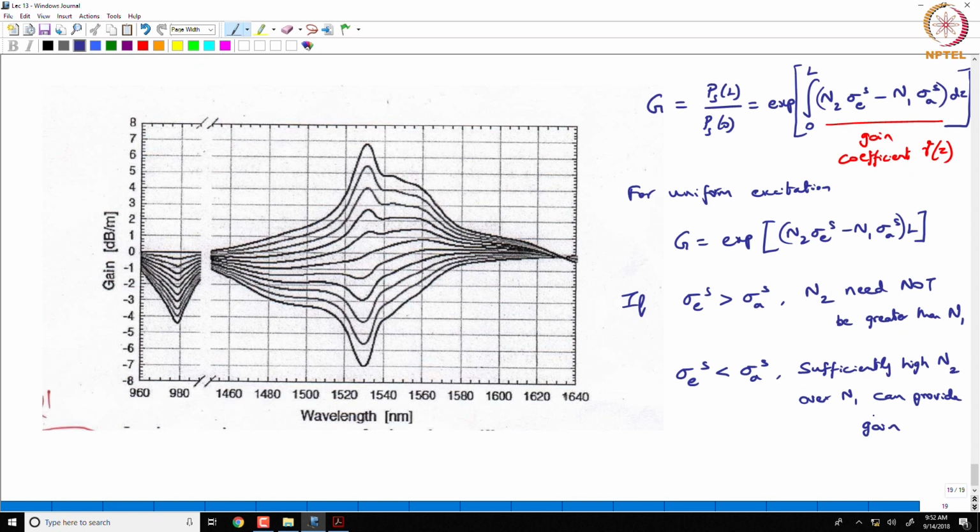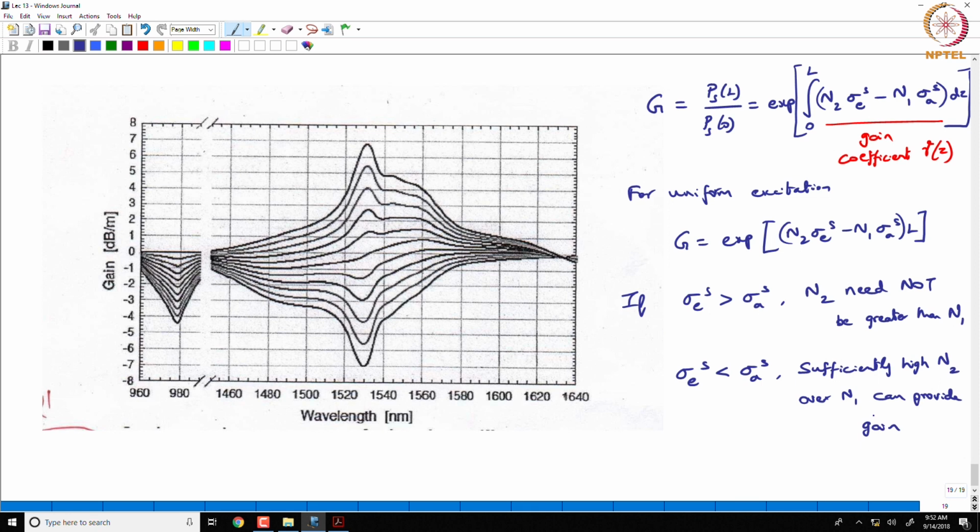So, that's the question. You need population inversion for lasing to happen in the case of sigma E equal to sigma A. So far we had been saying that, but the definition of inversion we are slightly modifying, right.